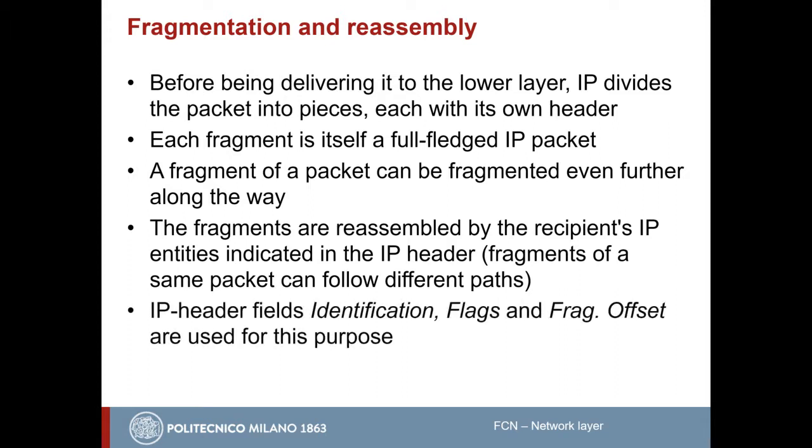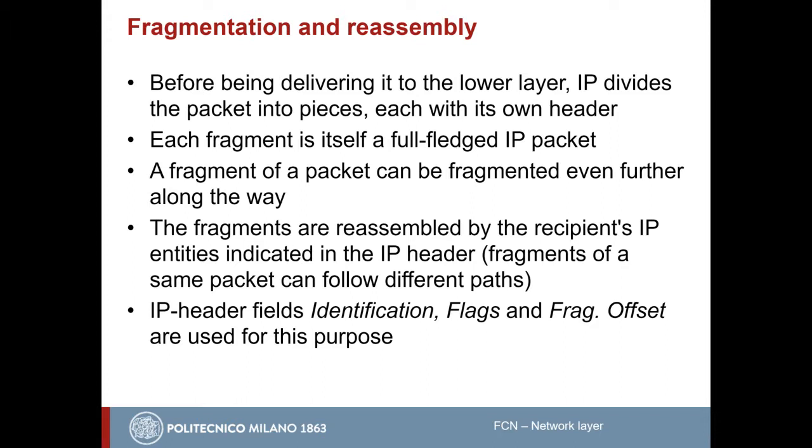Of course, in order to perform this reassembly operation, the destination host must be able to identify all the fragments that originated from the same original IP packet, and the host must also be able to reorder the fragments. Okay?